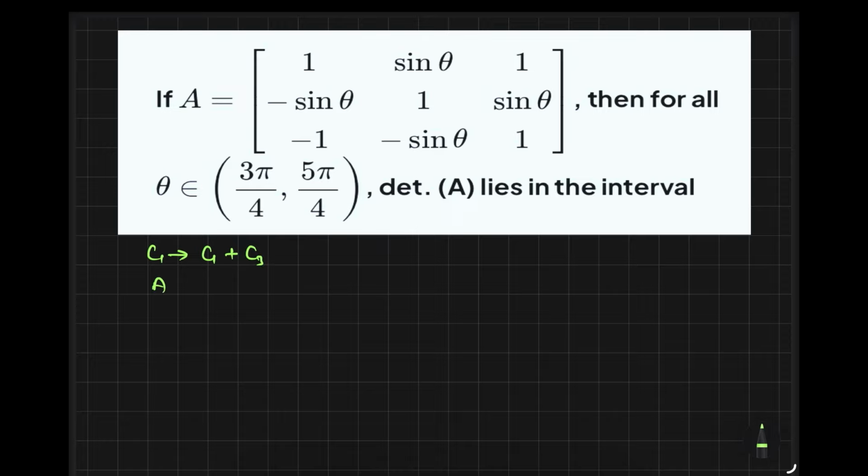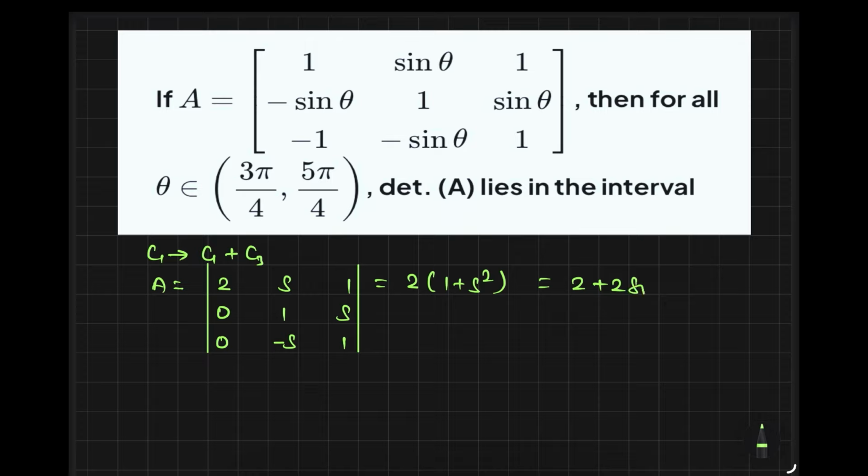And A will look like 2, 0, 0, then sine theta, 1, minus sine theta, then sine theta, 1... Now we can open this determinant along column 1 because it is already simplified. So it is 2 times (1 plus sine square theta). Correct? So it is 2 plus 2 sine square theta.